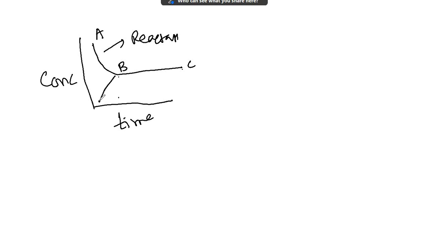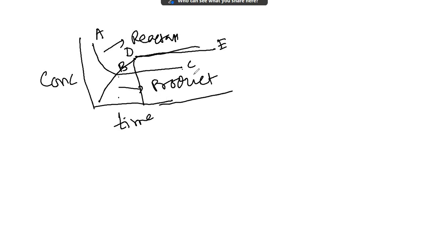Suppose this is the product one. In this case also, from D to E, the concentration of the product doesn't change with time. Hence, we can see at this point the system has attained equilibrium.